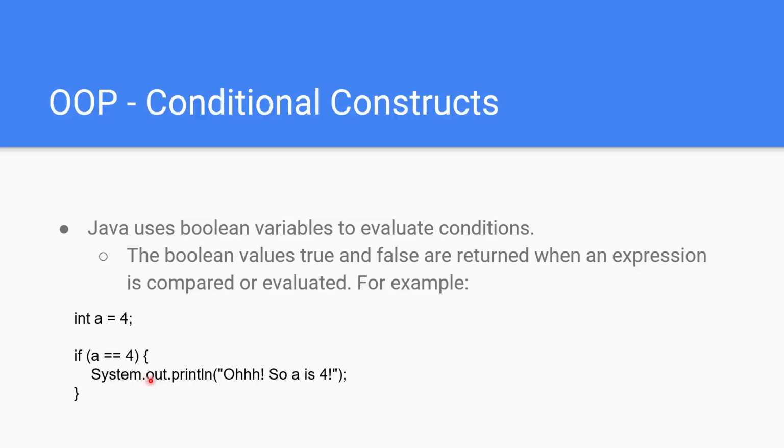If the condition is true, the block of code executes. If the condition is false, the block of code is skipped. So right here we are evaluating, and with the double equals, that is a test to see if a is actually equal to 4, and this is the Boolean type of evaluation. And if this is true, this block of code will execute. And we know that a is indeed equal to 4, therefore this expression is true, and the code block will execute.